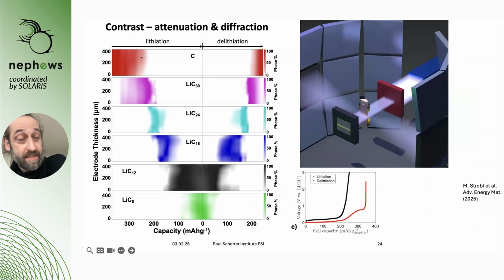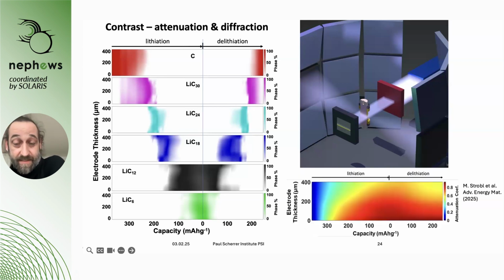And then we can map in detail the phase evolution during the lithiation and the delithiation, depending on the thickness of the electrode. And we can also see, we can then distinguish between the lithium that is actually intercalated in the graphite and the lithium that is deposited otherwise, like plated or in the solid electrolyte interface, so dead lithium. And this is a very important step in the investigation of high energy density batteries. And I think that was my last example.